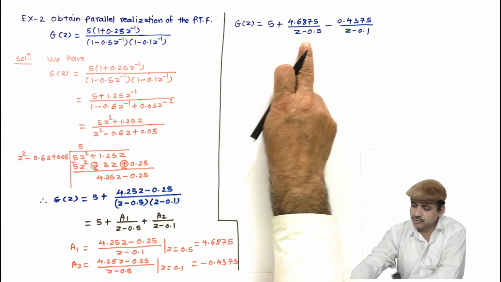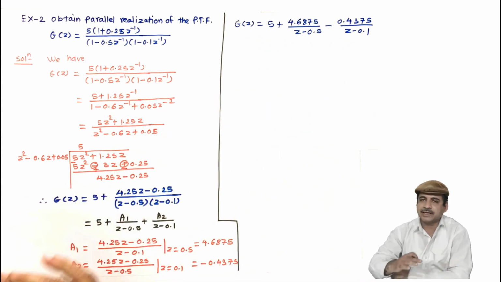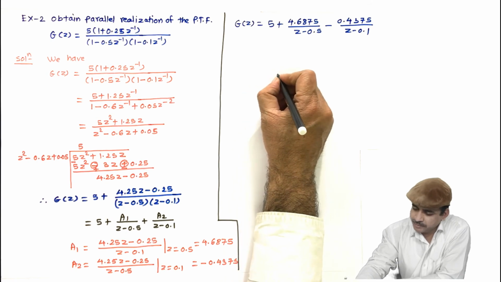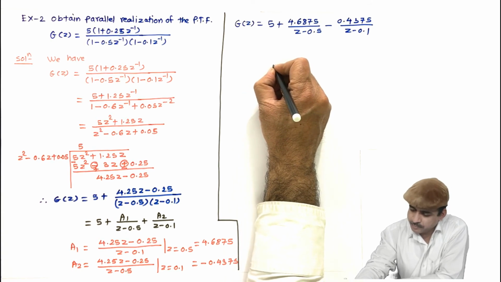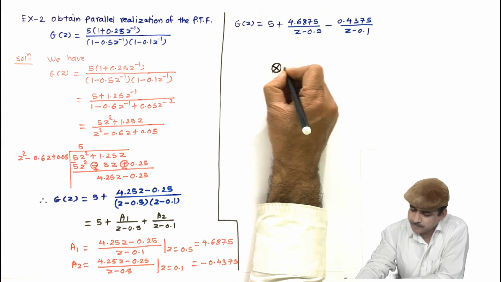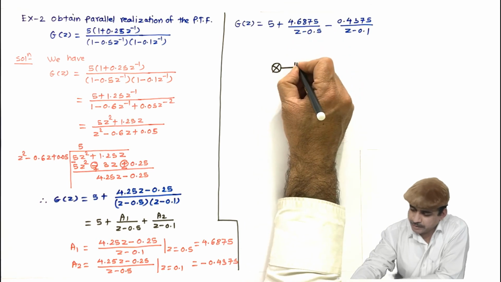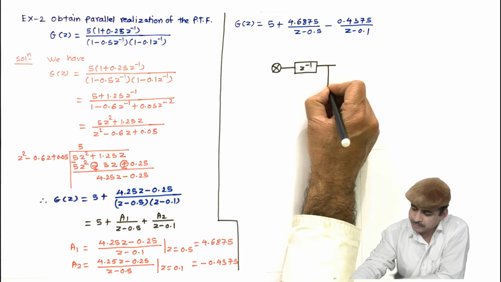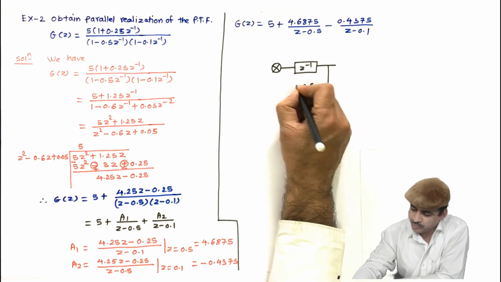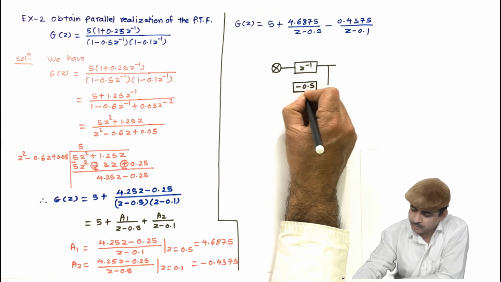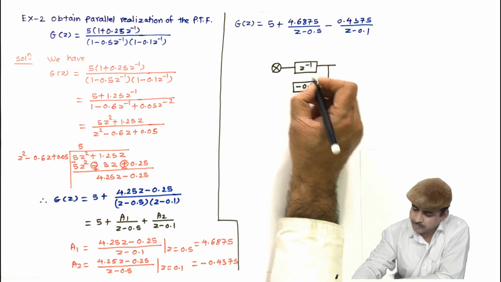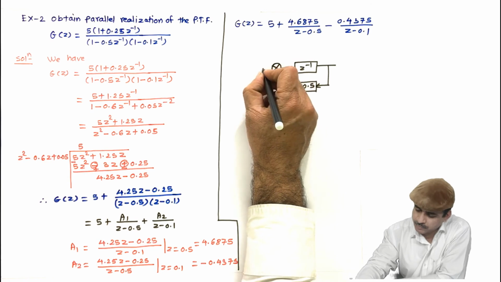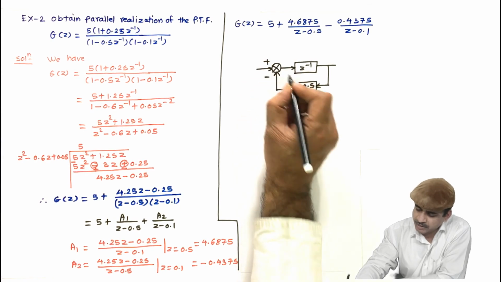So we will do realization of this, and 5 directly moves from input to output. For this one, highest power of z is 1, so z raised to minus 1 is minus 0.5, plus minus.